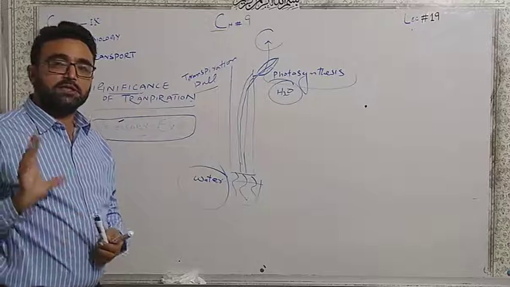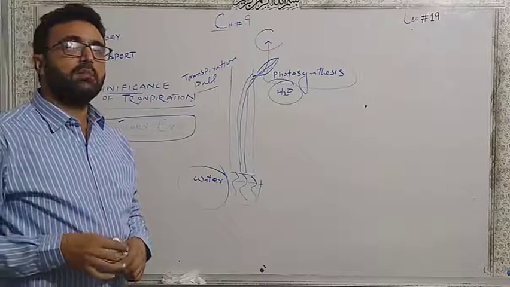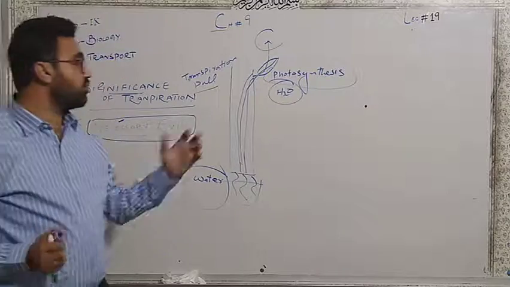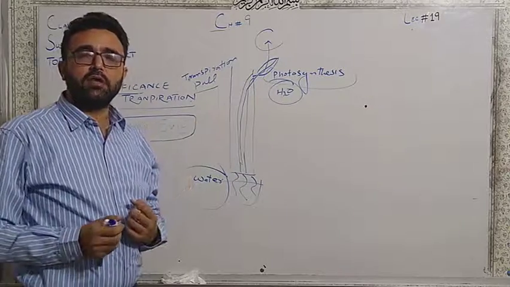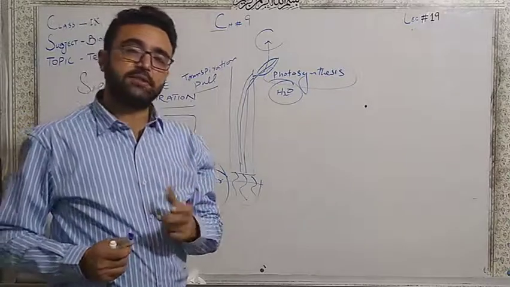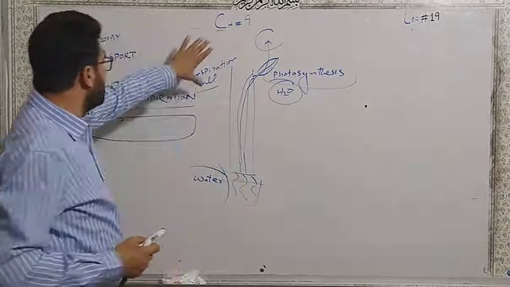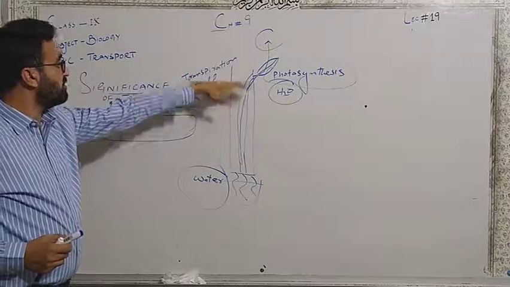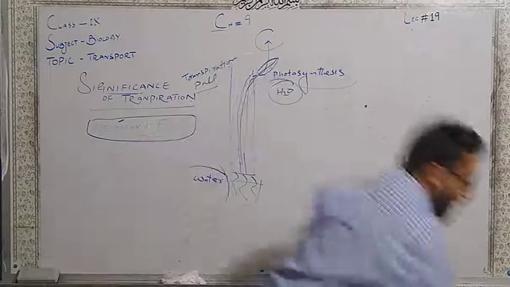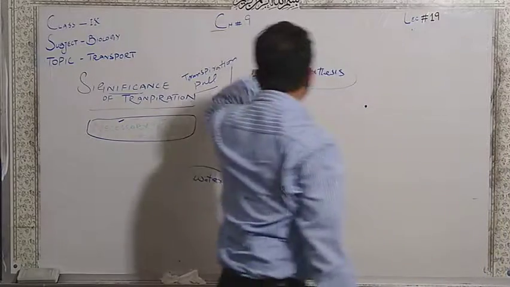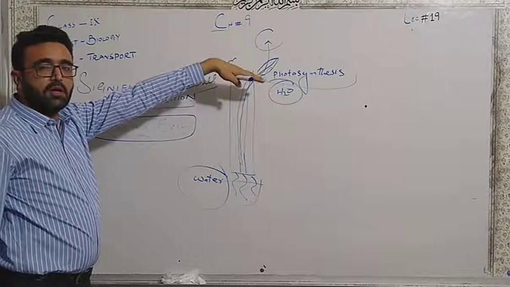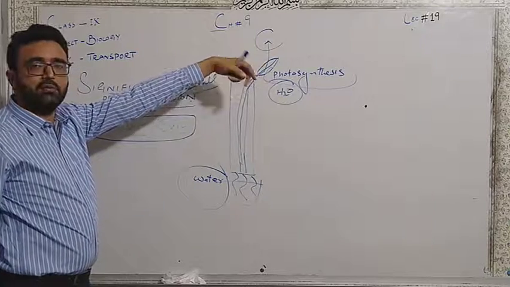Even so, some plants like bryophytes, which are very lower plants, are called hygroscopic. Hygroscopic means they can take water from the environment, from the air, like droplets present in it. But for higher plants, it is impossible to get water from the environment or from the air humidity.